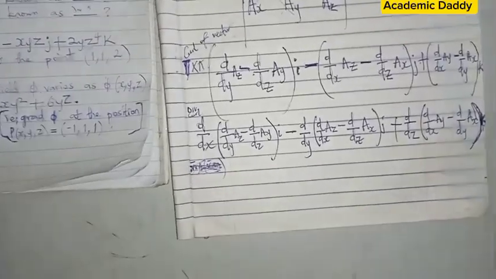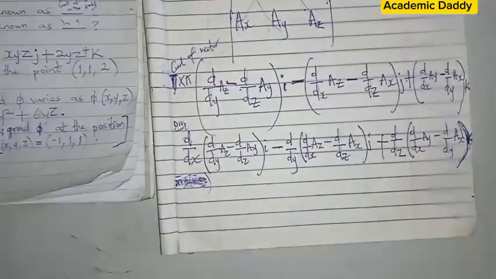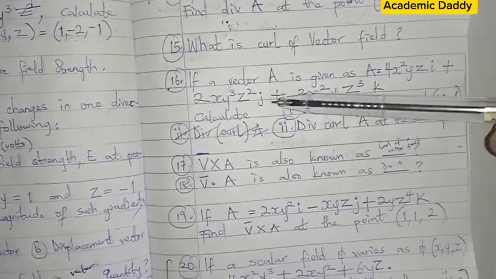It's just divergence curl. This is the formula for curl. So let's try to attack a question and see, so you're able to get the formula.